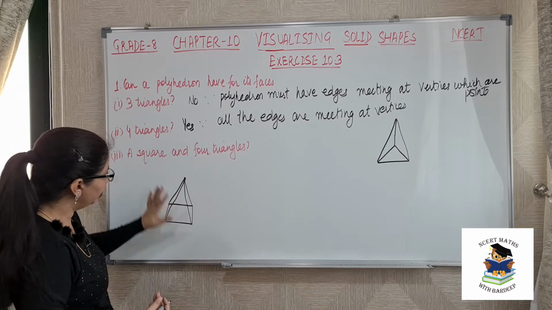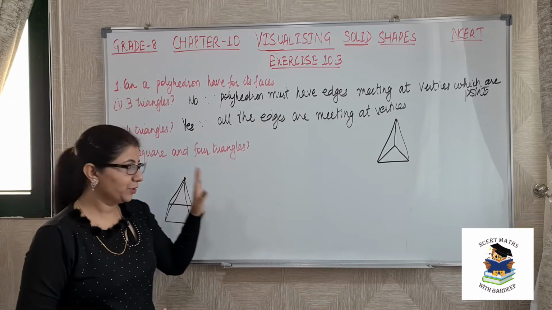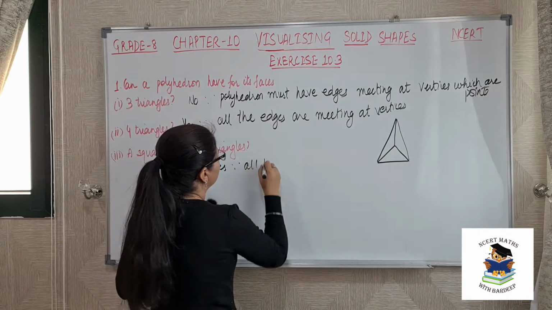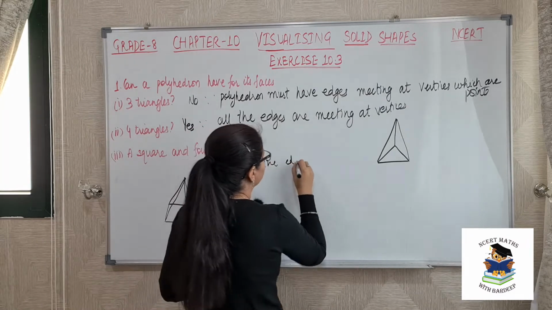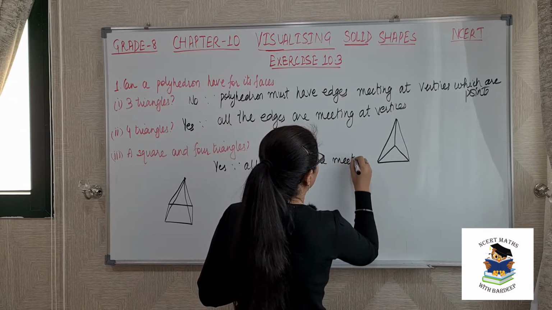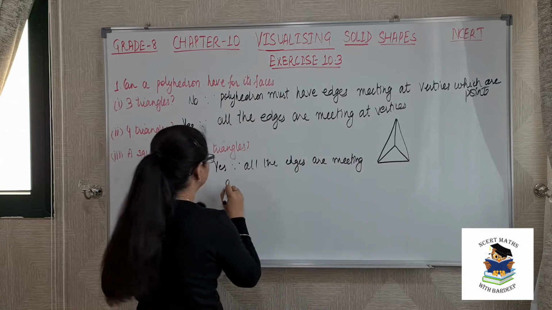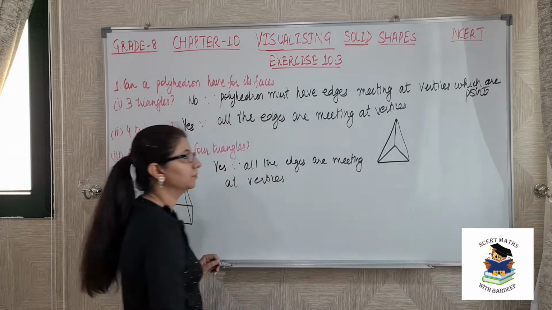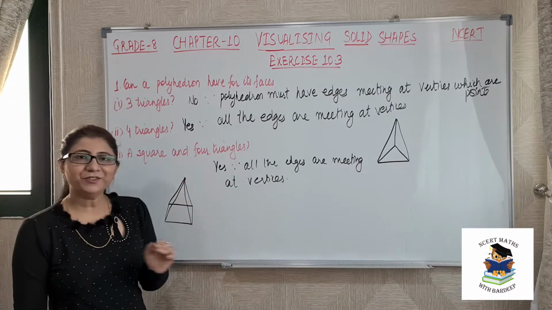So this is a square with 4 triangles. So again this is possible. We will write yes, because all the edges, same reason, are meeting at vertices. Okay, so this is our first question.